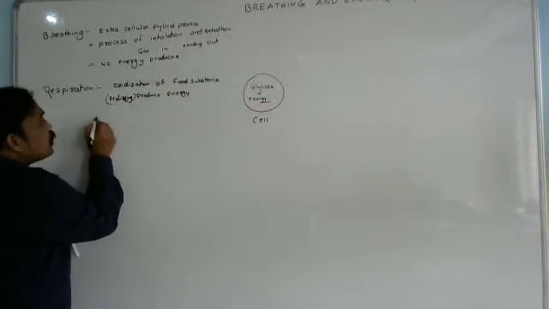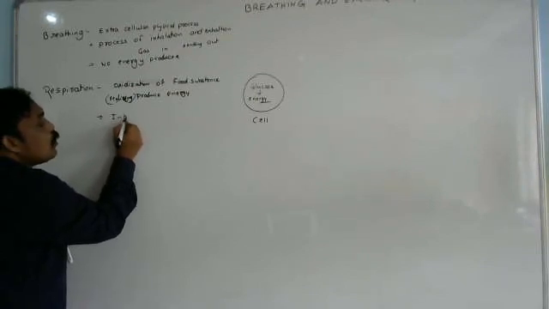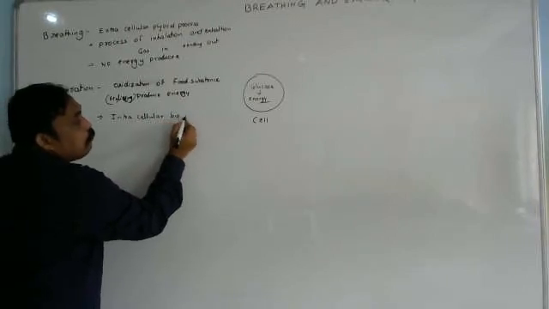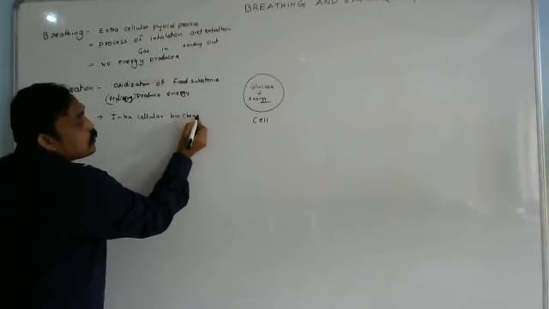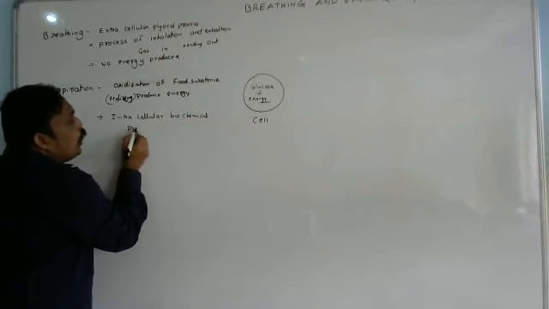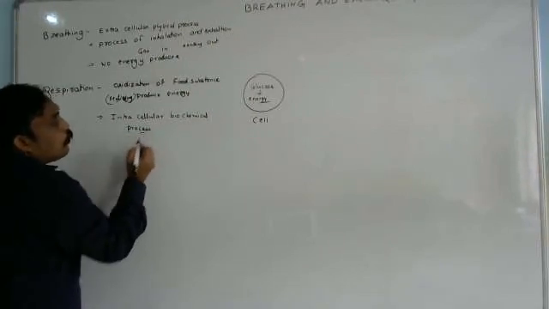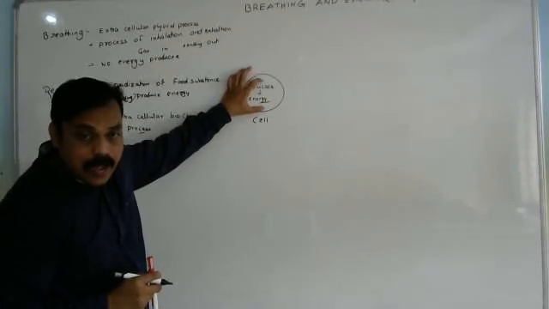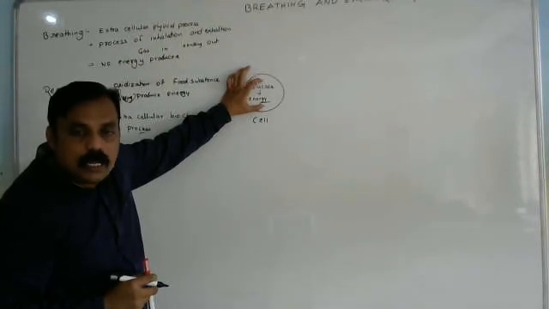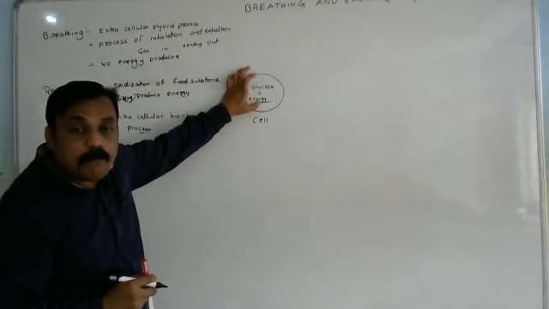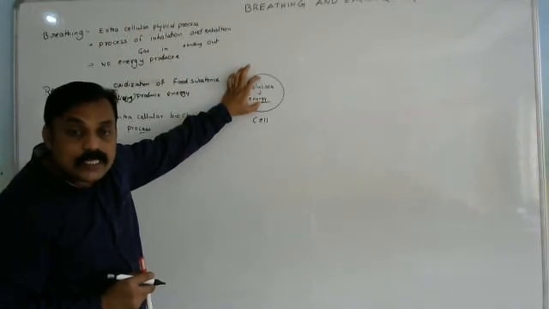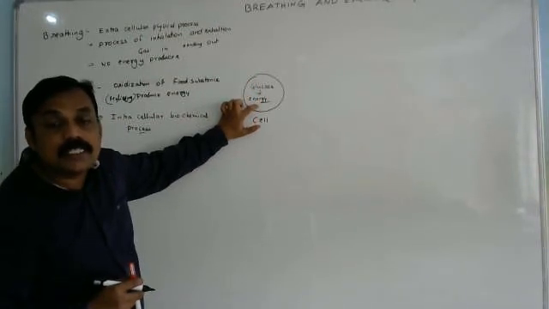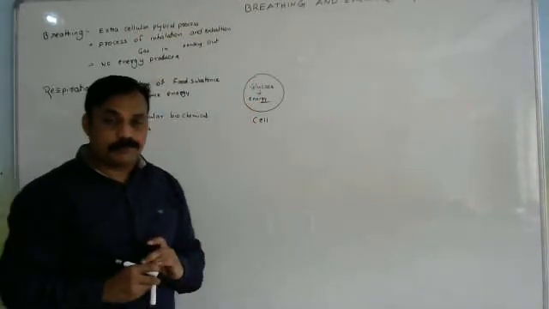So respiration is called an intracellular biochemical process, because a chemical reaction is going on inside the cell. Inside the cell, food substance breaking down and releasing energy is called respiration.